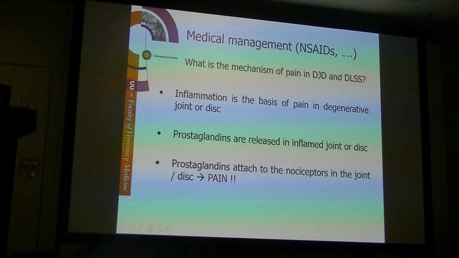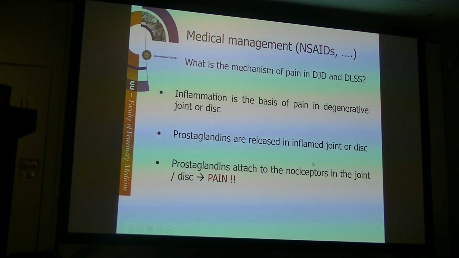And then how about medication? You can talk for an hour on medication, but the basis of the medication is dealing with the inflammation. The inflammation that plays a role in degenerative joint disease, but also in low back pain. And when you are dealing with medication, it is wise to know what you are actually treating.